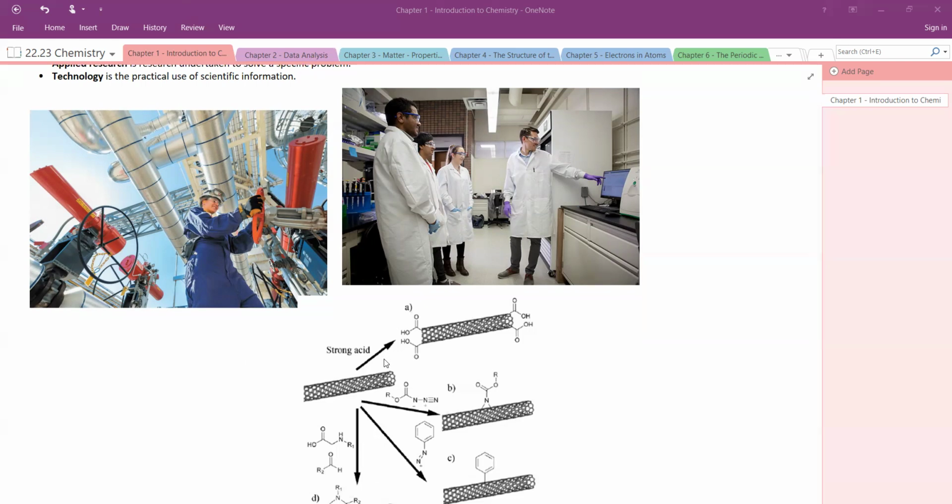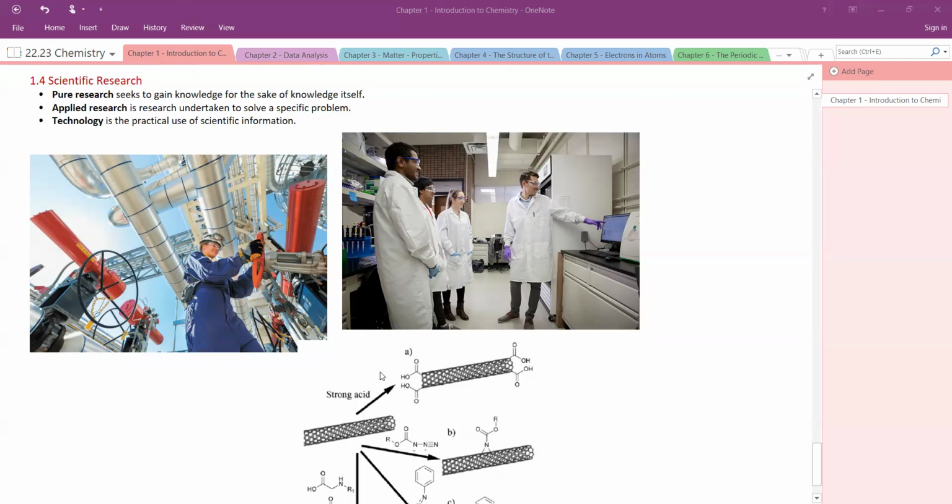Are they strong enough to stop an impact from hurting somebody? That would be applied research trying to actually solve that problem. If we think about technology, this is our practical use of scientific information. So technology would be actually making the bulletproof vest out of these nanotubes. That would be a piece of technology. Again, it's applied scientific information.